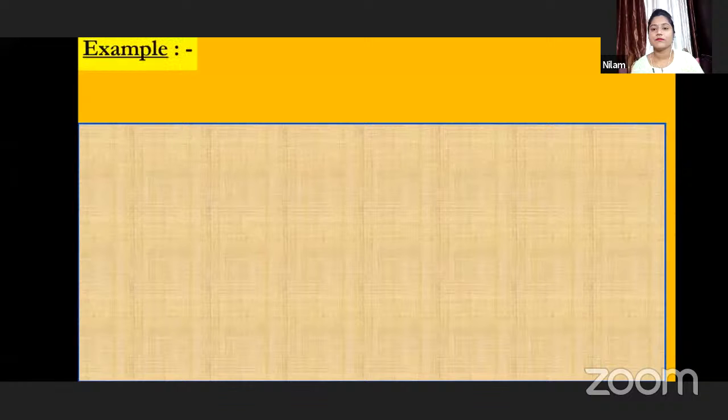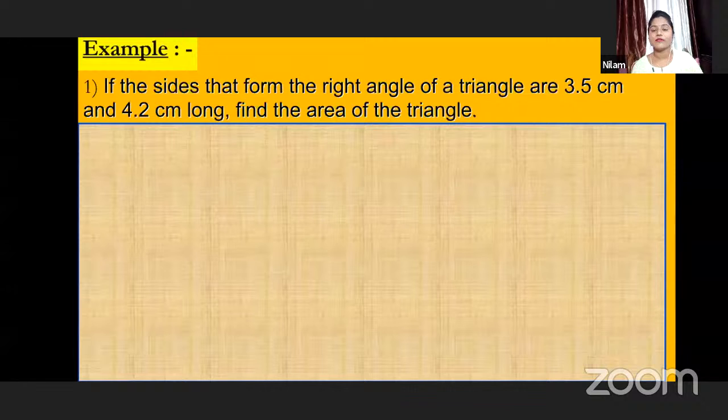Now let us see some examples to find out the area of a right angle triangle. See, the question is on the screen, children. Pay attention, listen to the question carefully, and try to understand what is given in the question and what we are supposed to find out. So see the first question.